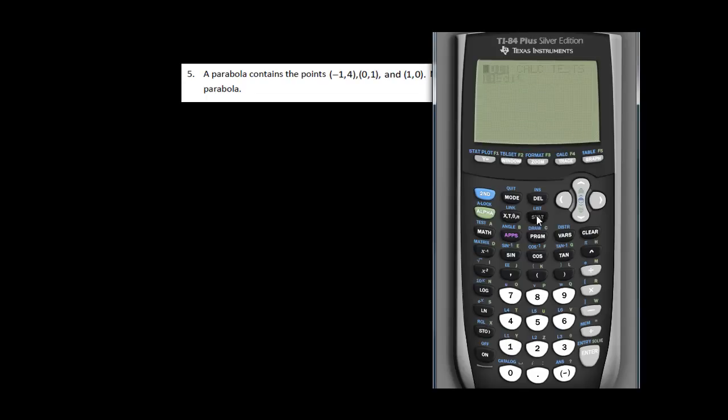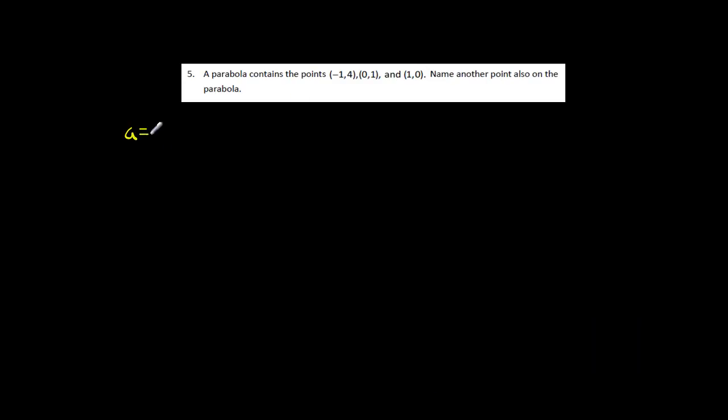Let's quit out, stat, calculate, 5, enter. 1, -2, 1. That's my A, B, and C. 1, -2, 1. So the function is going to be f of x equals x squared minus 2x plus 1.